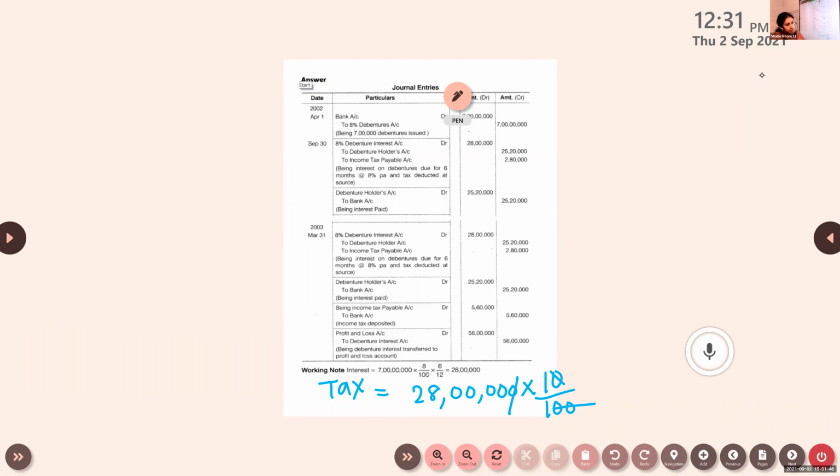If sufficient capital profits are available, that means if there is a fund in the securities premium reserve account, then we will make use of that to write off the discount or loss on issue of debentures. Entry will be Securities Premium Reserve Account debit to Loss on Issue of Debentures. If it is not there, then we'll write it off using the revenue profits, that is the profit and loss account.